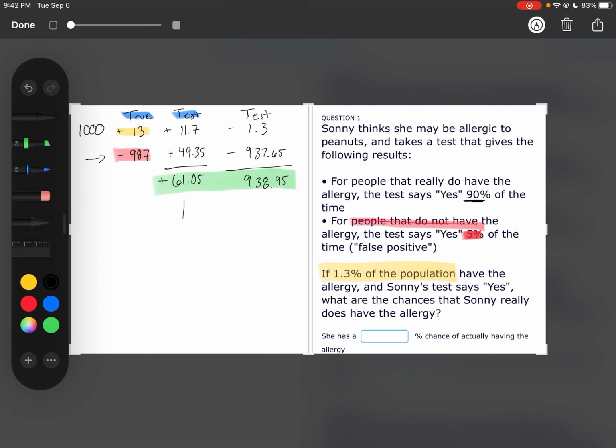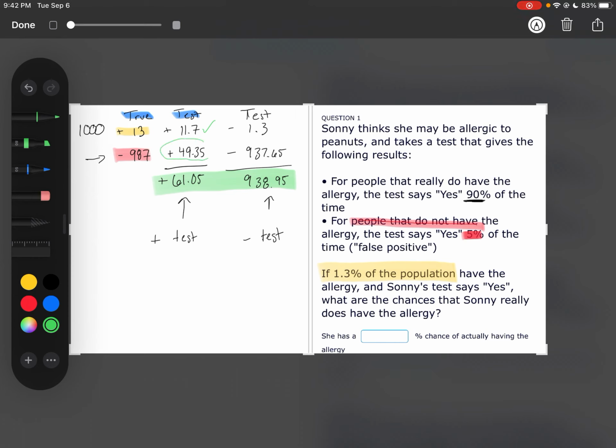Okay, so now that we've made our table of 1,000, we can see this is our positive test column, and this is our negative test column. Our true positives, the ones that are in fact correct, are right here. So 11.7 of these people are true positives, so they have actually tested positive and they also have it.